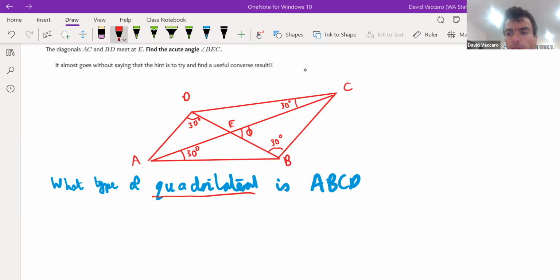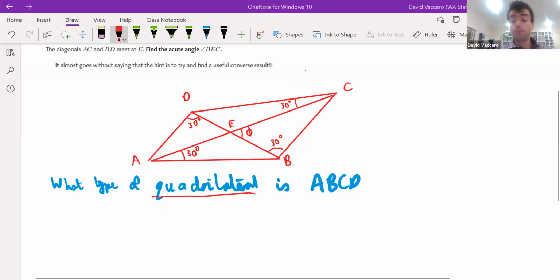Okay, and I'll have to own that Freudian slip. This quadrilateral ABCD is a parallelogram. That's why I said parallelogram rather than quadrilateral, because I knew the answer.